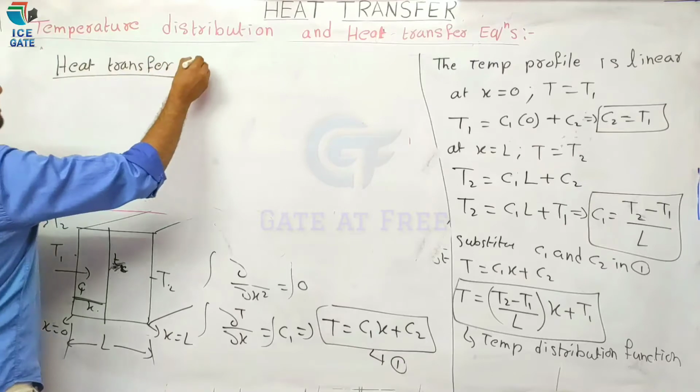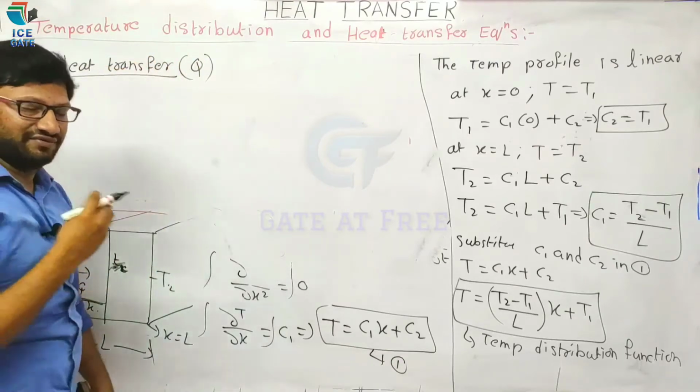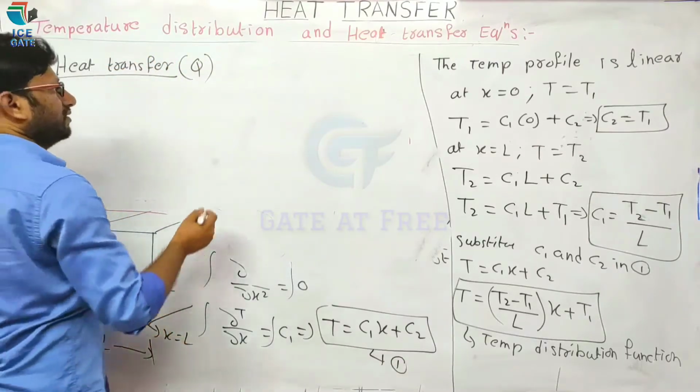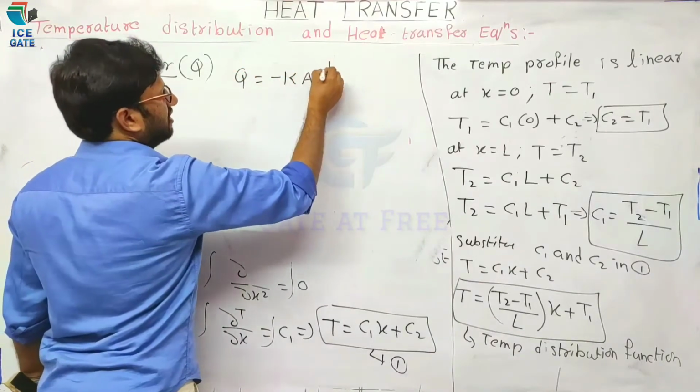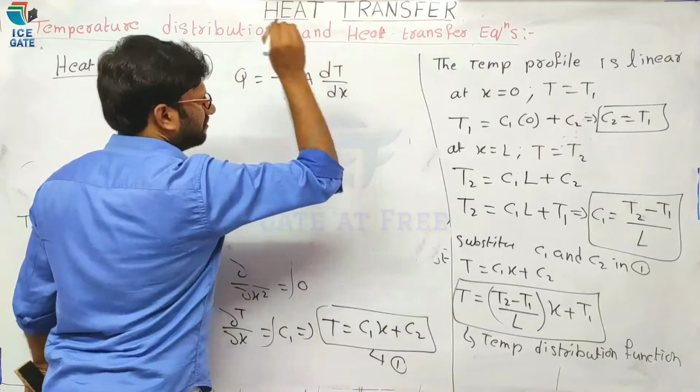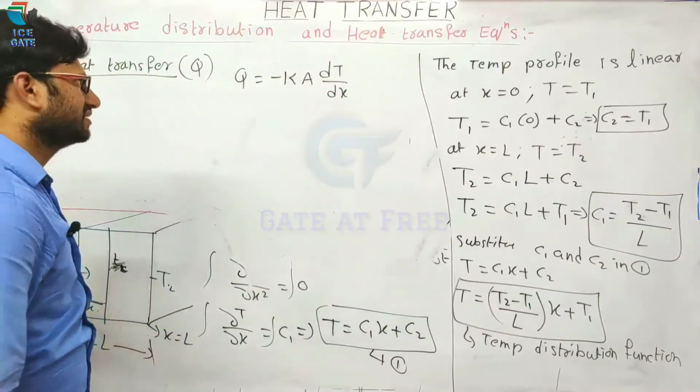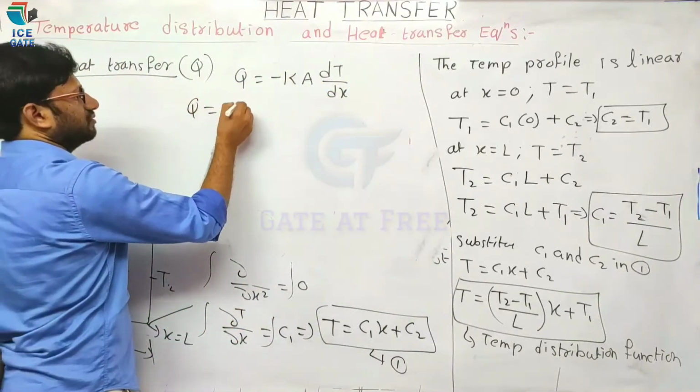Now the heat transfer in plane slab. This is very important. According to Fourier law, Q is equal to minus KA dT by dx. Right?